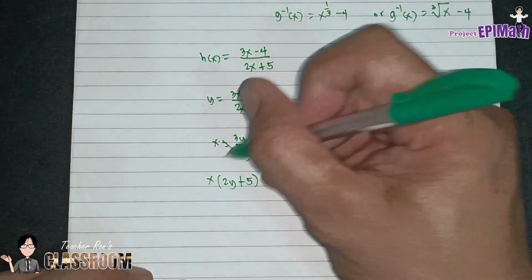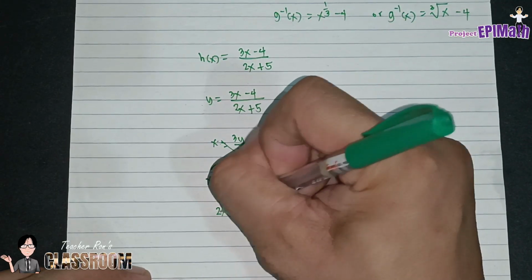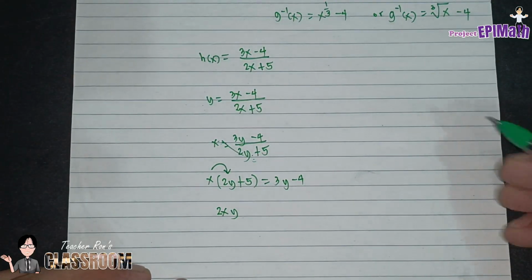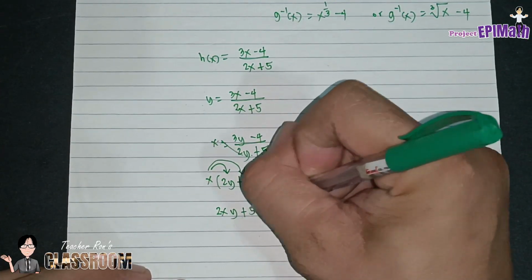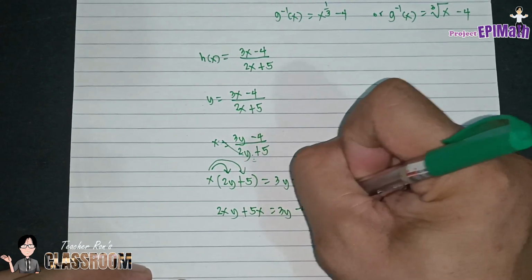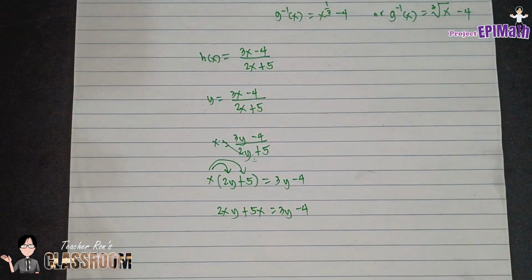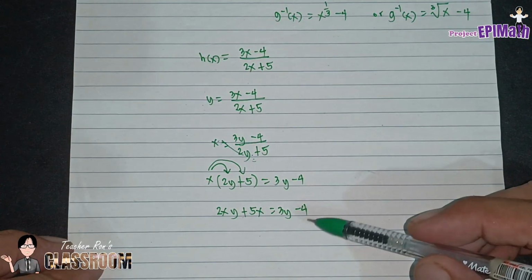Okay, multiply. X times 2y will give us 2xy. X times 5 will give us 5x. Then it is equal to 3y minus 4. Okay? Then, pagsasamahin natin yung parehong may y.